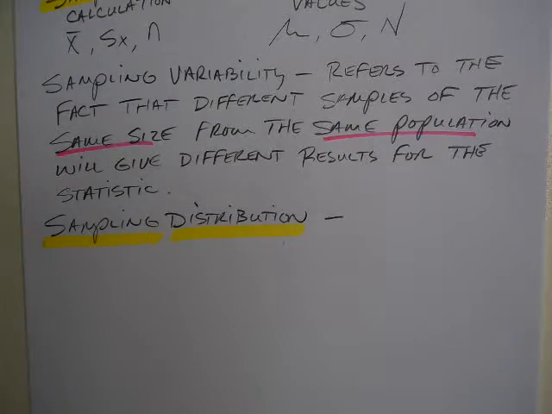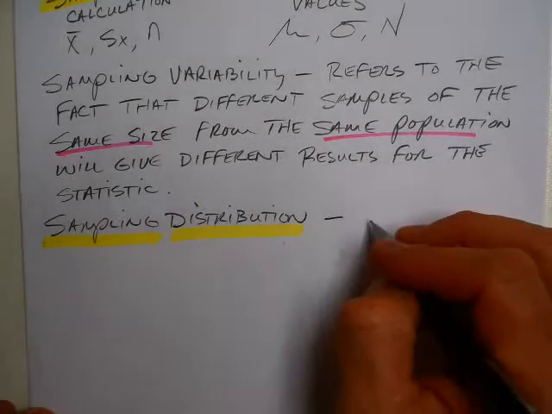So if what the sampling distribution refers to is the taking of all possible samples of a certain size from a certain population and taking those averages and then averaging all those averages, what you will get is a parameter. You'll get the population value.